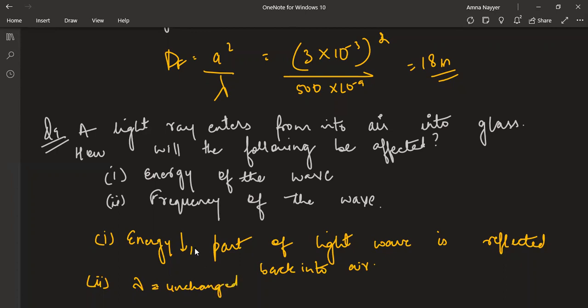Had it been velocity or wavelength, then these would change, but frequency remains unchanged. Yes, Salman, energy decreases because a part of the light wave is reflected back into the air. That's what I've written. All right, then note it down. Text me done once you have written. Then I'll stop it, and we'll be left with the revision of modern physics and semiconductor.